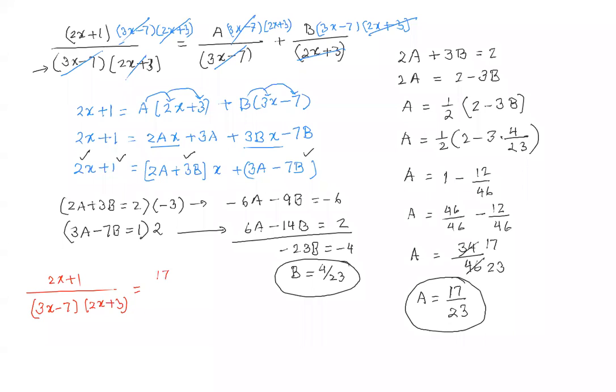It's going to be 17 over 23 divided by 3x minus 7 plus B is 4 over 23 divided by 2x plus 3. And that is how you do this problem.